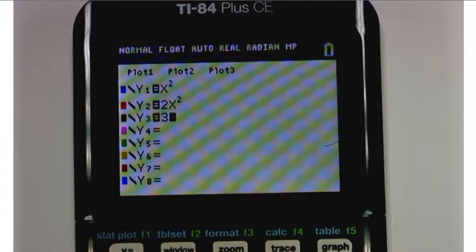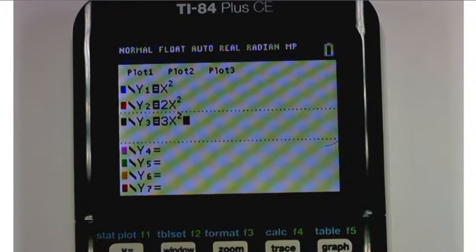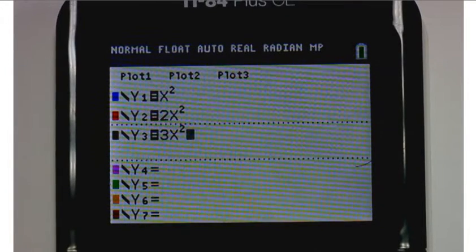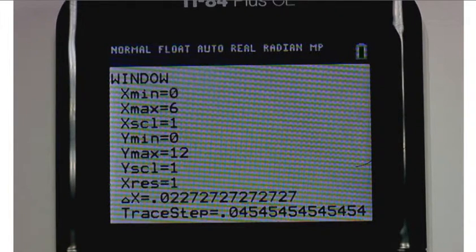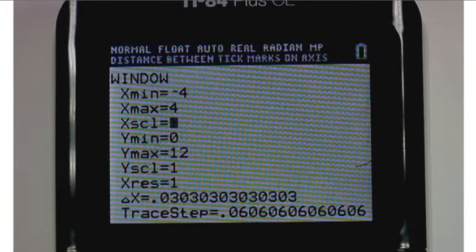Now for myself, because I've got the nice fancy color ones, I can see, based on what color I have, which graph I'm dealing with. As far as the window is concerned, let's set it from, say, -4 to 4 on the x-axis and -16 to 16 on the y-axis.